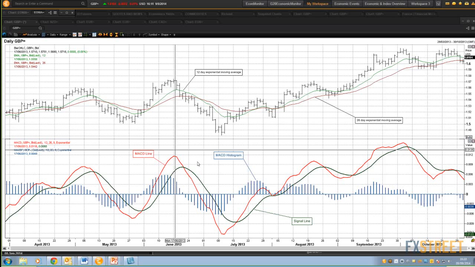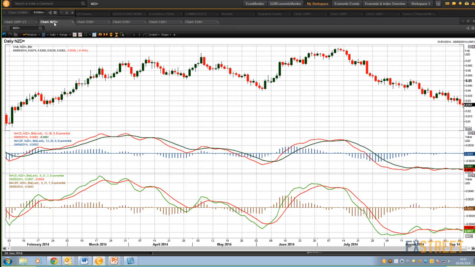So I will talk about now the changing parameters. It depends on your specific trading mindset whether you use the parameters that were laid out by the inventor of the MACD lines, or you can use something completely different. It depends on your style.